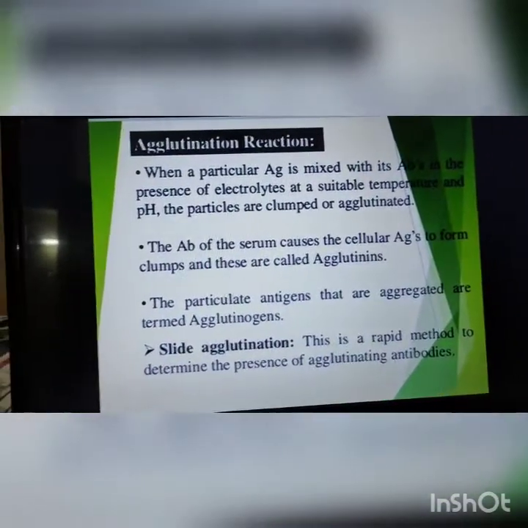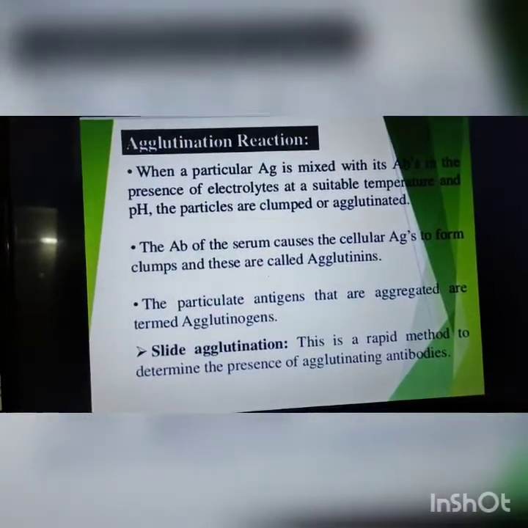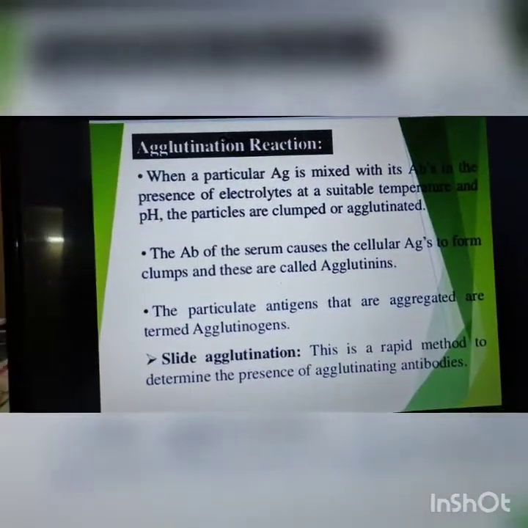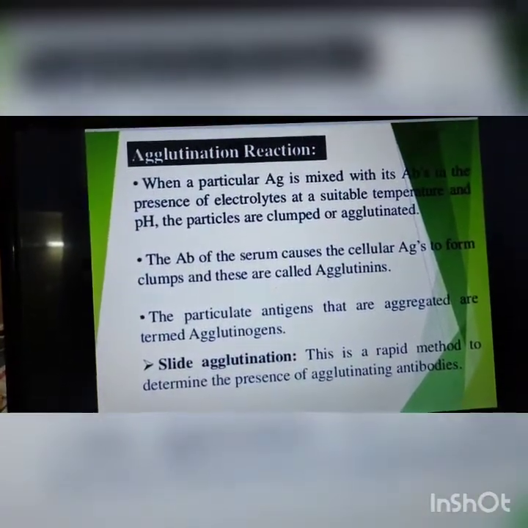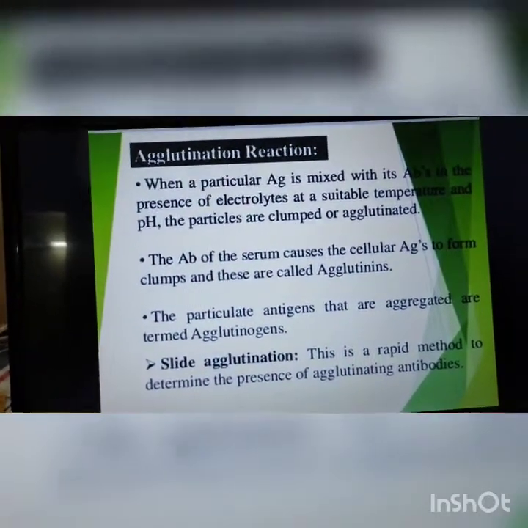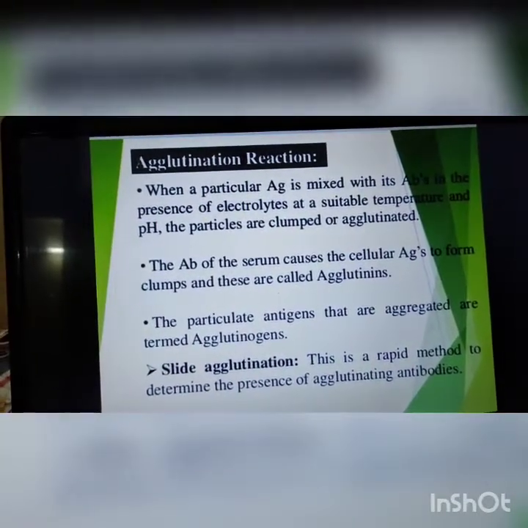Now the next reaction is the agglutination reaction. Agglutination means the clumping of a particular antigen. The soluble antigen is acted on by the antibody, and the particles clump or agglutinate, and that reaction is called the agglutination reaction.